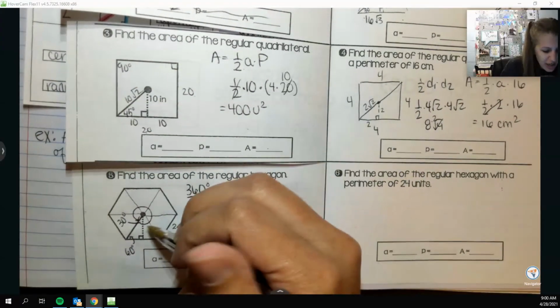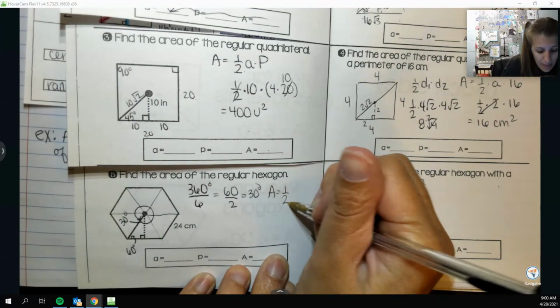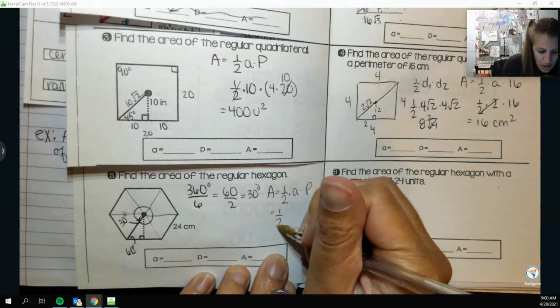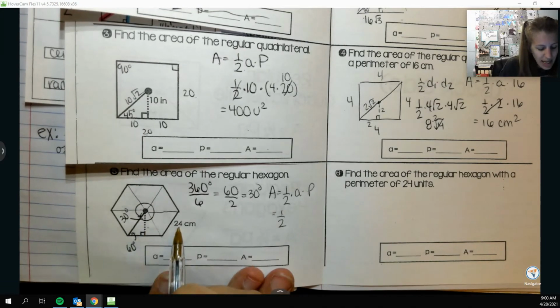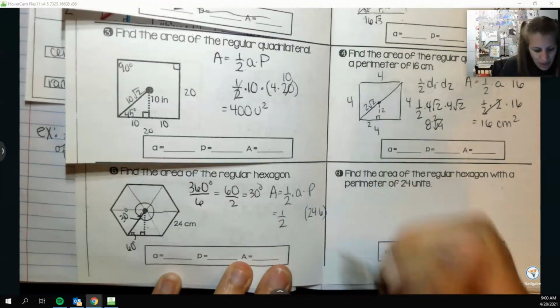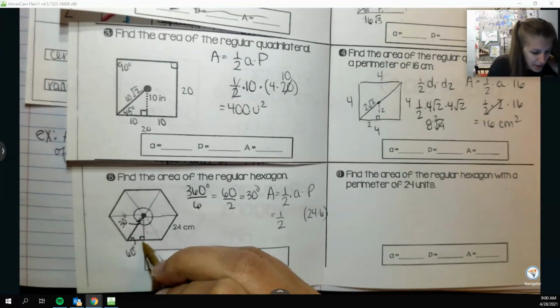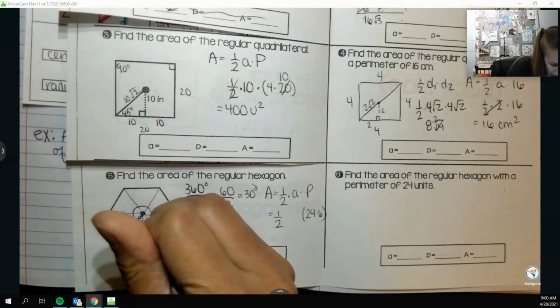And then after I know the angle, I was able to figure out either the apothem or perimeter, whichever I needed. So in this hexagon here, I do not know the apothem, but I do know that this side length is 24. So I can do 24 times 6 for the perimeter. And that's also helpful to me because when I drop the apothem down on this 24, it splits it in half equally.